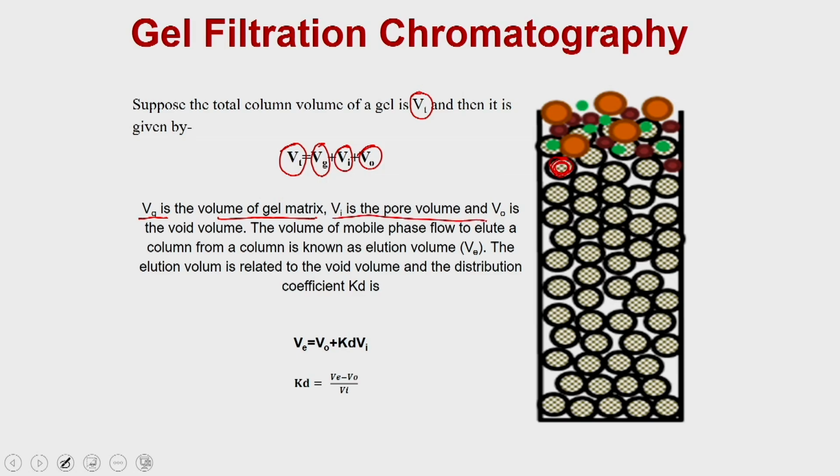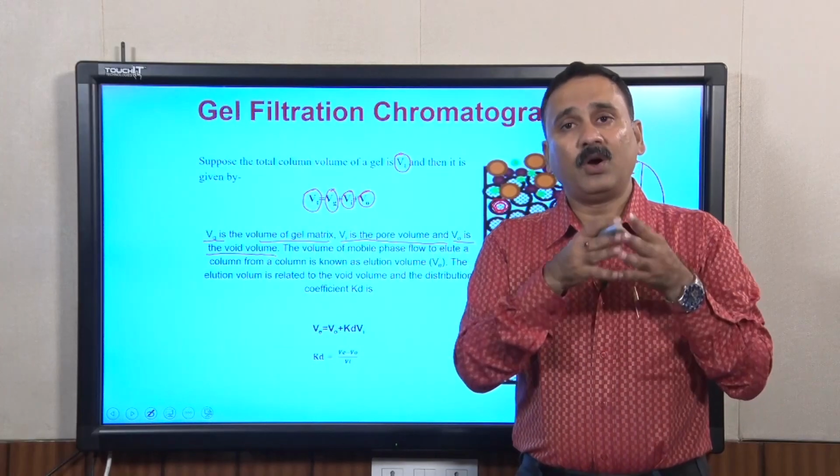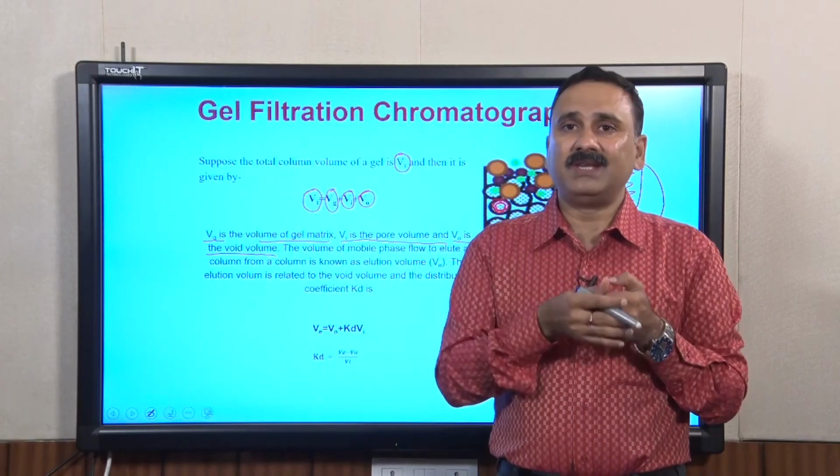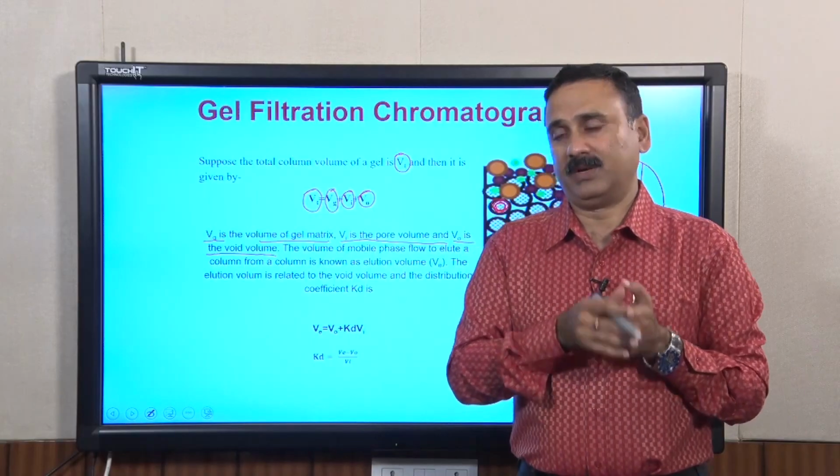Vi is the pore volume, which means the volume of these pores that take part in the exchange, and Vo is the void volume, which is the volume being excluded. Void volume means the volume which is avoided by the molecules and which will not take part in the exchange or the distribution phenomena.